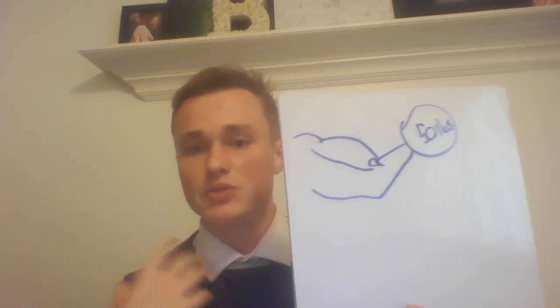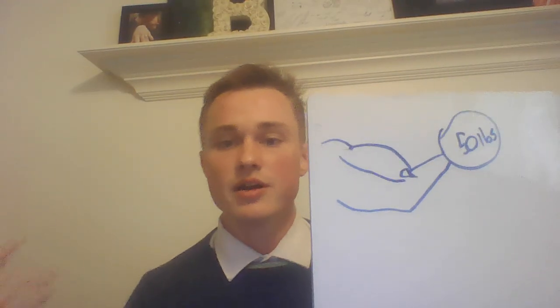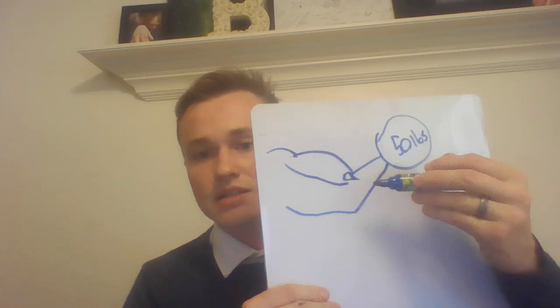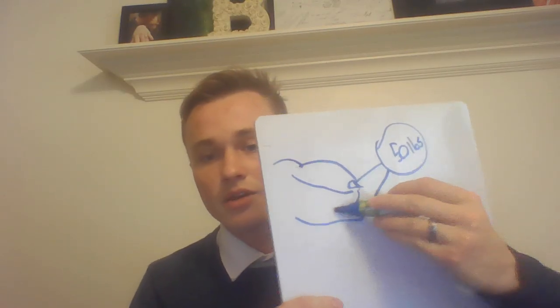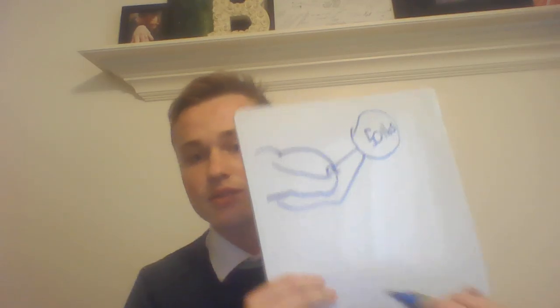But in order to keep us from doing that, because that's horrifying, our body sends a message through an afferent pathway to our spinal cord. It doesn't even go up to your brain because you don't even think about it when this happens.